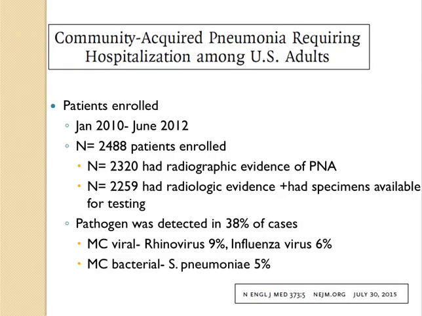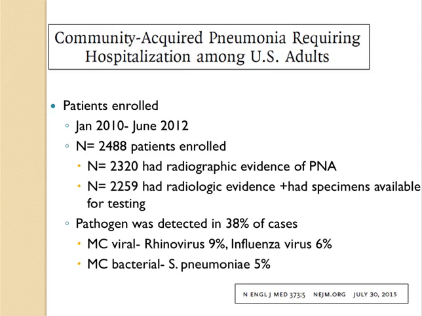And then there is this much bigger study, which was published in New England Journal of Medicine back in 2015. And they had close to 2,500 patients enrolled. Most of the patients had radiographic evidence of pneumonia, and most of those patients also had specimens available for testing.